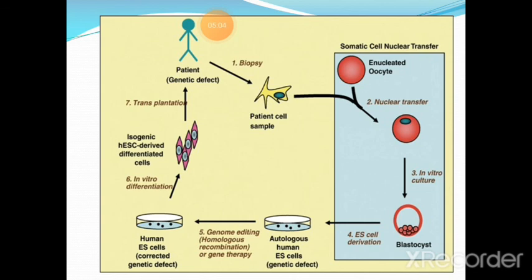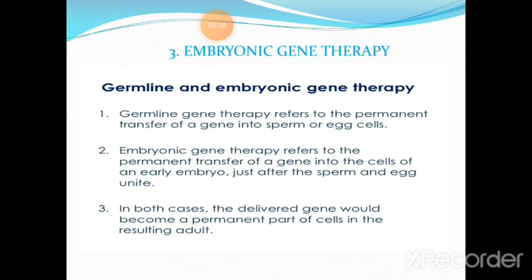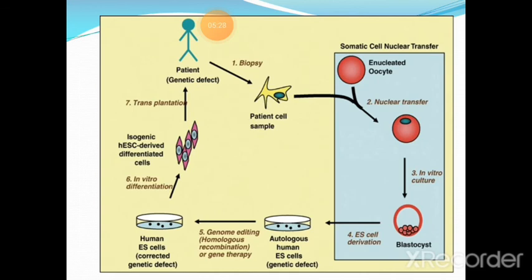That means they are allowed to differentiate under laboratory conditions, and these cells are transplanted back into the patient with the genetic defect so that the patient becomes normal. The bad gene will be corrected. This method is known as embryonic gene therapy. Okay, then.